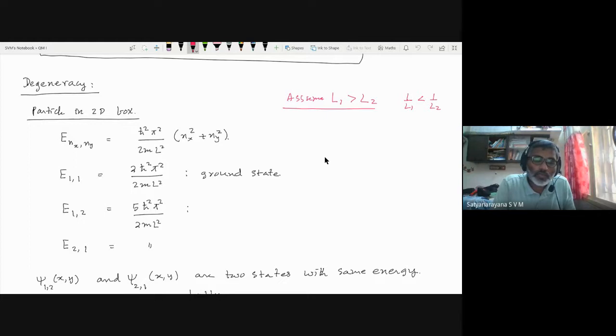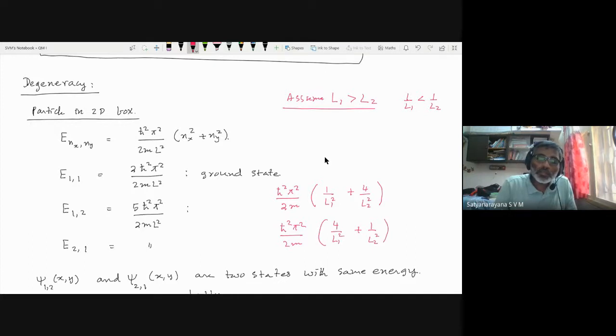For E12, you have h bar square pi square by twice m times (1 by L1 square plus 4 by L2 square). 1 by L2 is a bigger number, so this energy is smaller than h bar square pi square by 2m times (4 by L1 square plus 1 by L2 square).